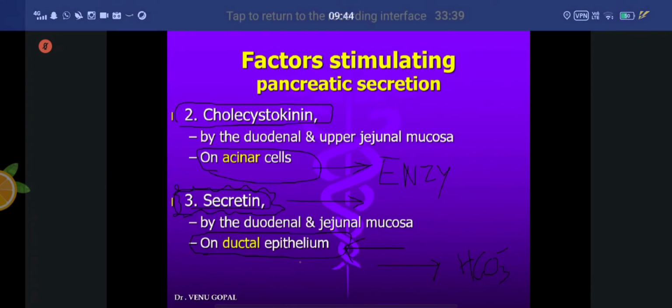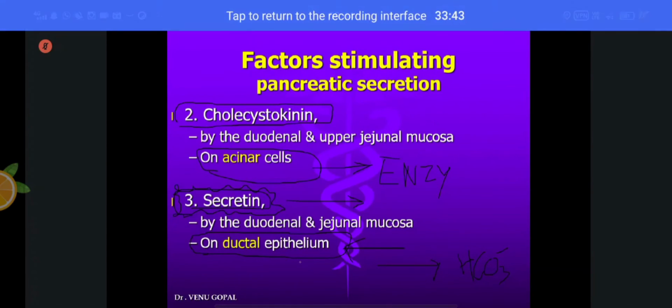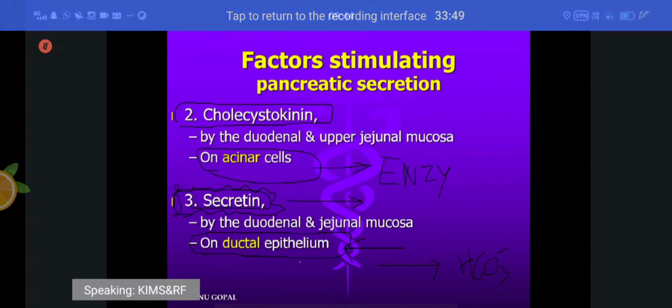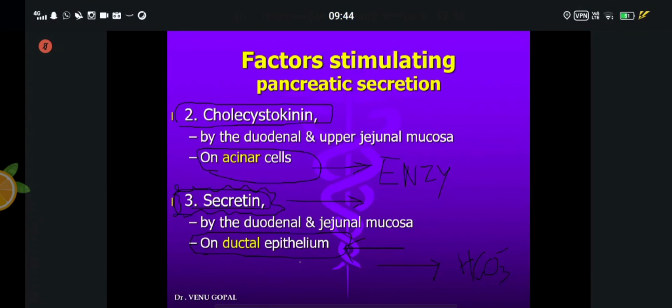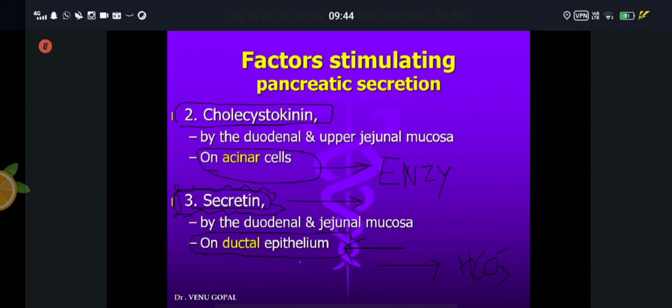If acidic food is given down to the duodenum, then secretin is going to stimulate the ductal epithelial cells, not the serous cells, to produce more bicarbonate. So ultimately it will neutralize the acid. So depending on the situation in the duodenum, we are going to get these hormones accordingly.